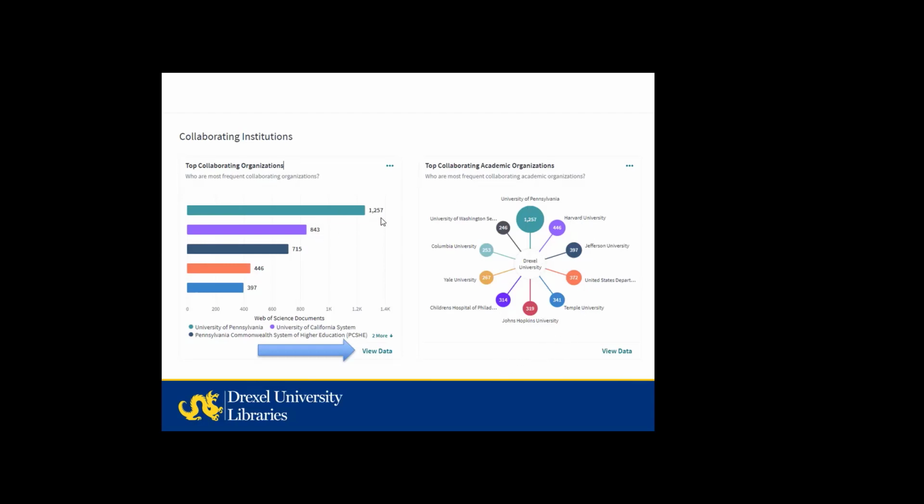And you can see that Drexel's collaboration with University of Pennsylvania is the highest in academic organizations. But you can see that Drexel also has collaborated with University of Washington, Columbia, Yale, Children's Hospital of Philadelphia, Johns Hopkins, Temple, and so on.